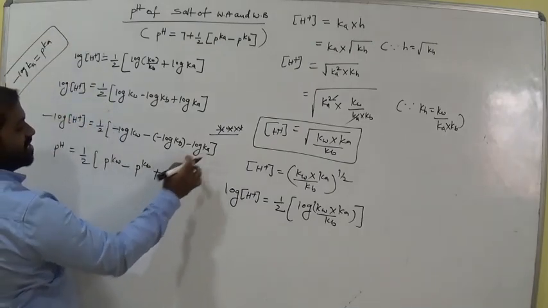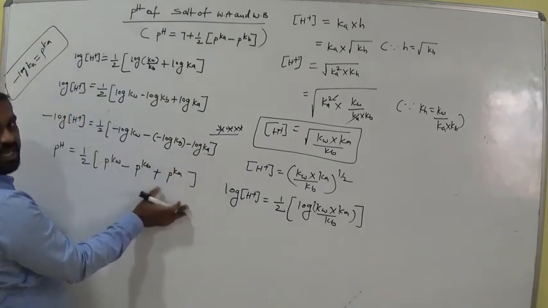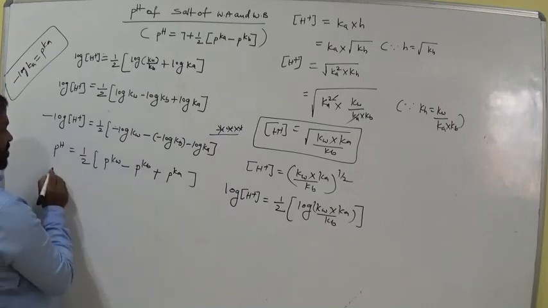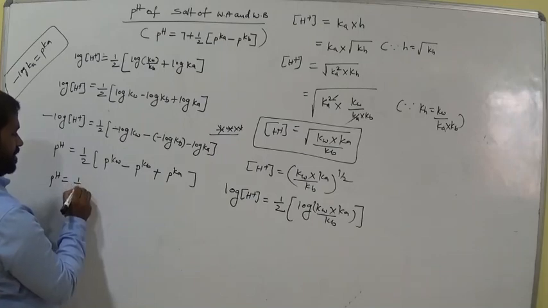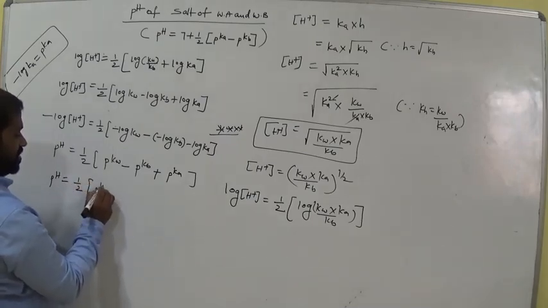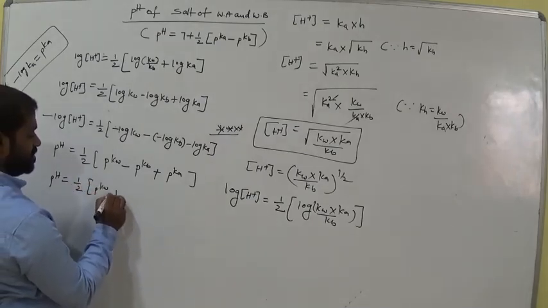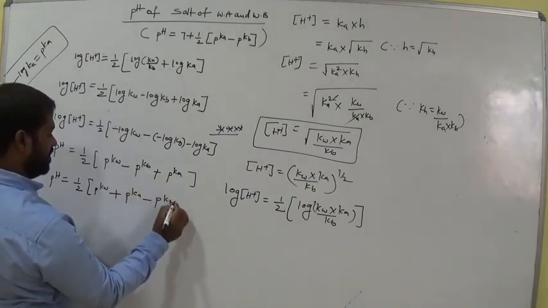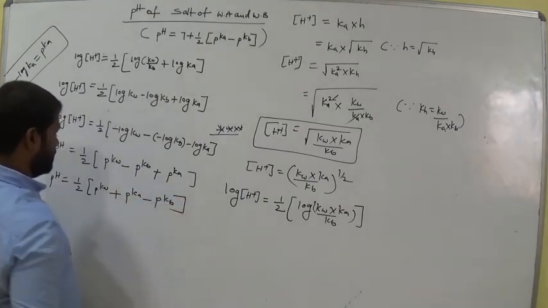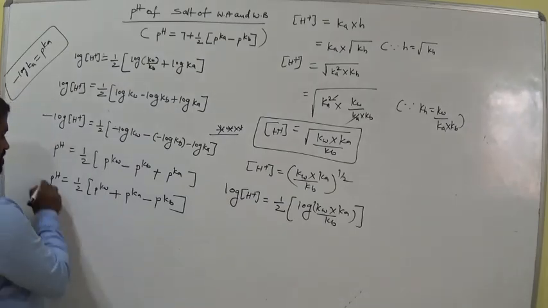So it is pKa plus. Okay, is it clear? Now from this one, pH is equal to half of pKw plus pKa minus pKb. Very, very important expression.